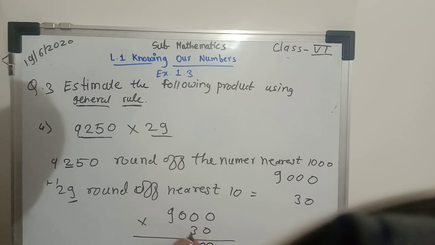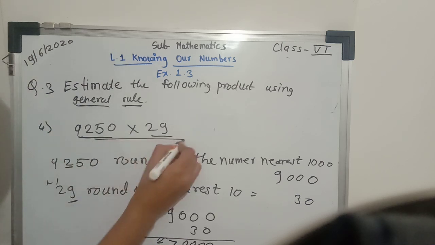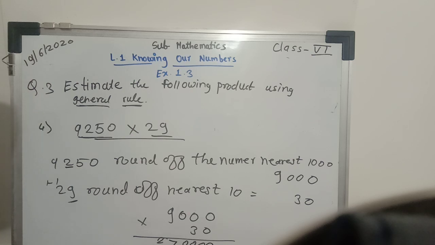Okay, and here 9 3s are 27. Okay, so our answer, the estimated product of these two numbers, is 2,70,000. So therefore the estimated product is 2,70,000.